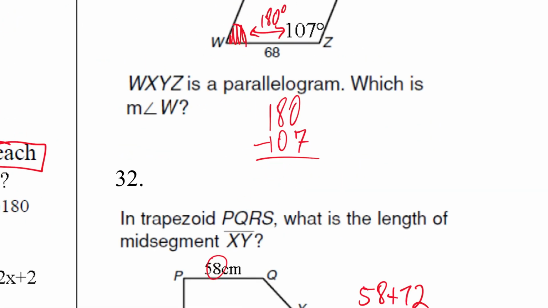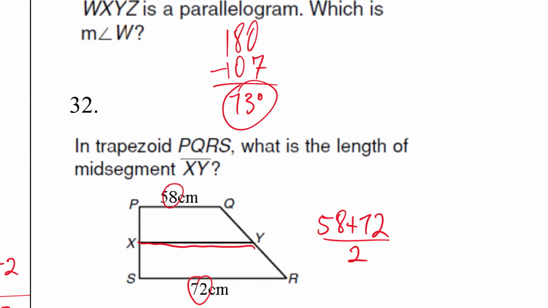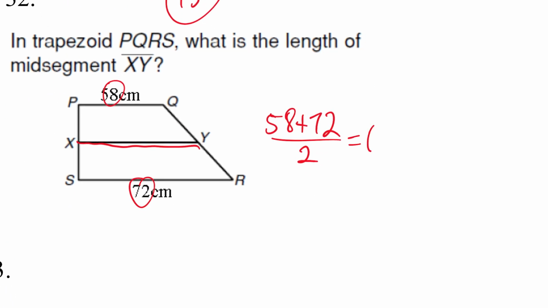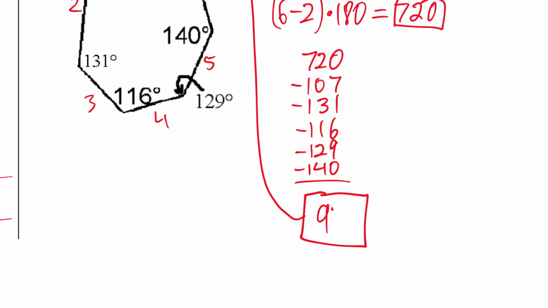All right. So on this one, you subtract that, you get 73. On this one, when you type this in, you should get 65. On this one, when you do this math, you should get 97 degrees.